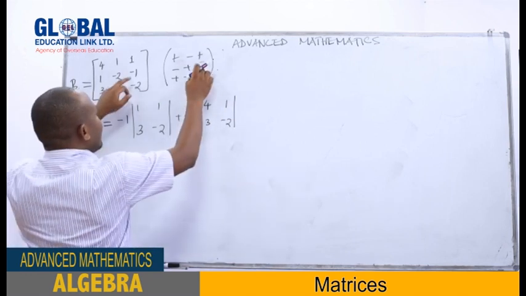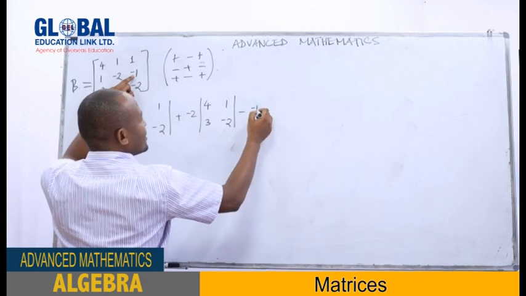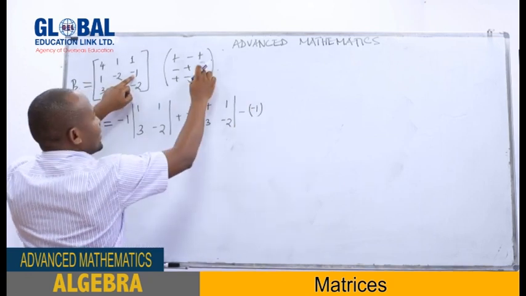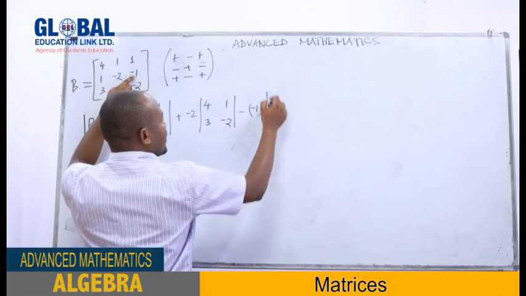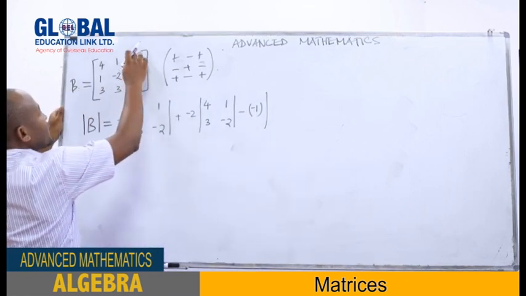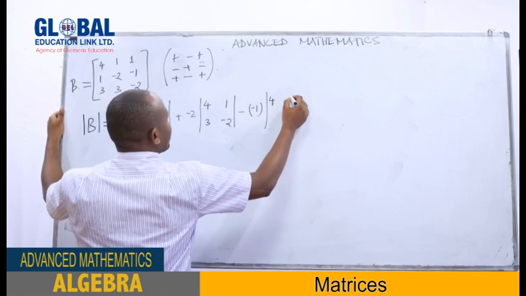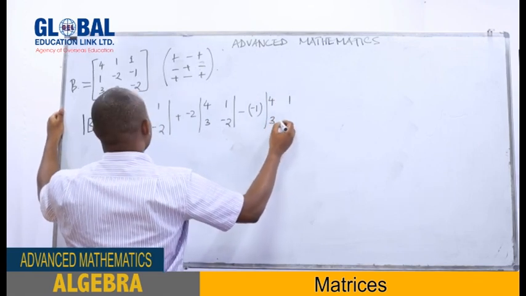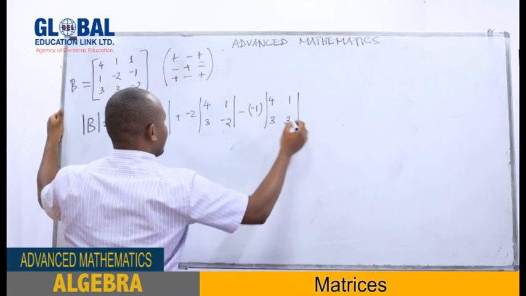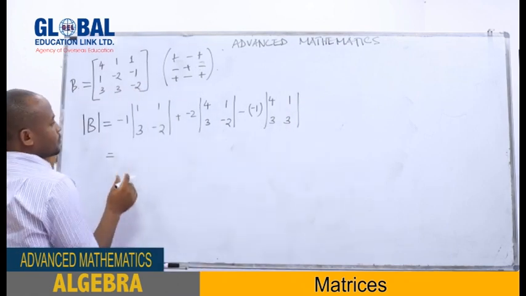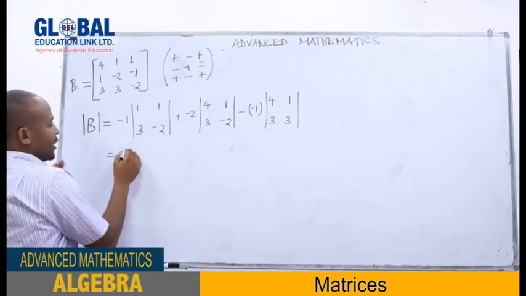Then minus 1. Remember that it's a negative. Then we are left with the matrix, this and that go. We are left with the matrix 4, 1, 3, 3. Now let's finish that. It will be a negative 1.